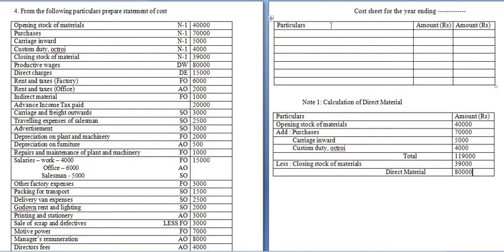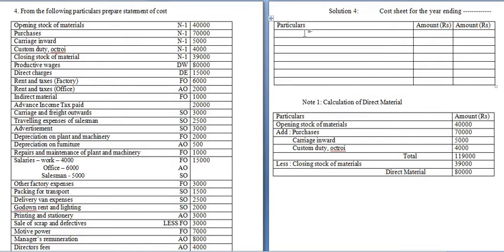Now we will prepare the cost sheet. So write down the heading: cost sheet for the year ending. Particulars, 2 amount columns.